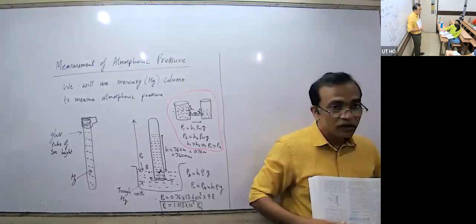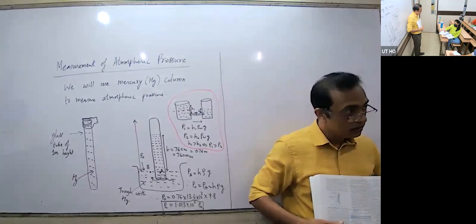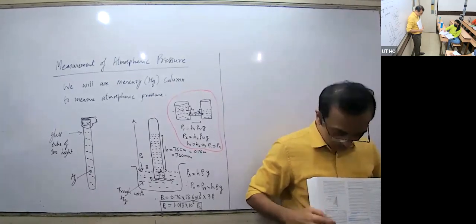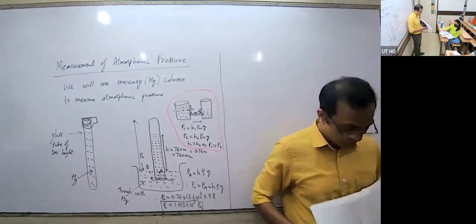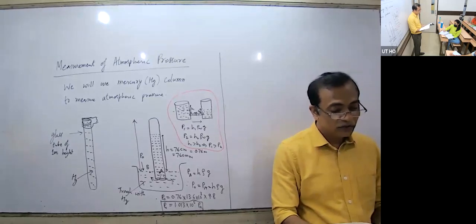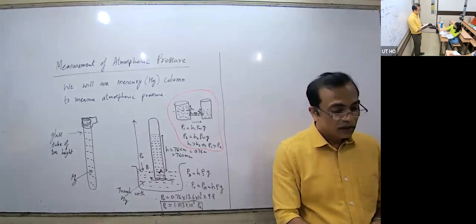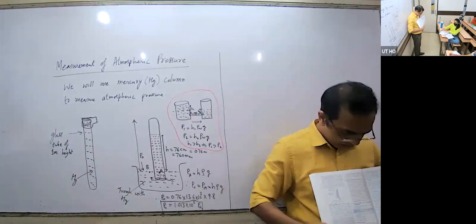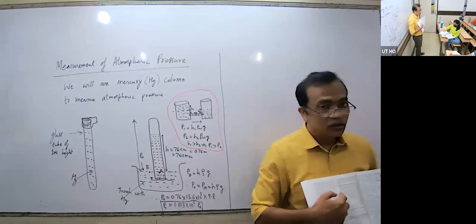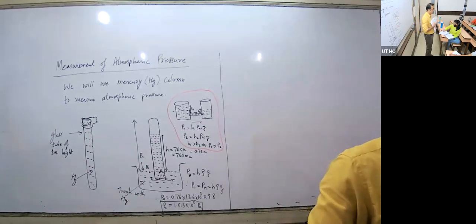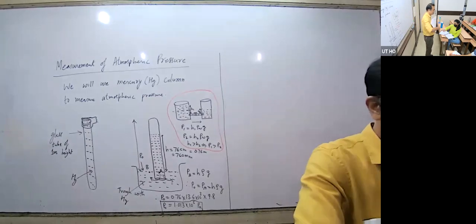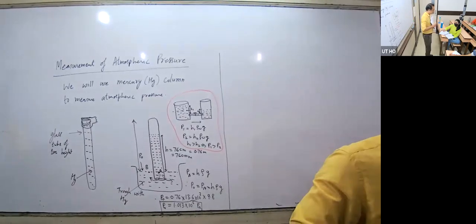So this is called siphon action. What is it called? Siphon action. This is also a useful consequence of atmospheric pressure. The same thing is used in taking oil out of a can. In villages you will see it, but now we have pumps also, so you don't have to spoil your mouth.